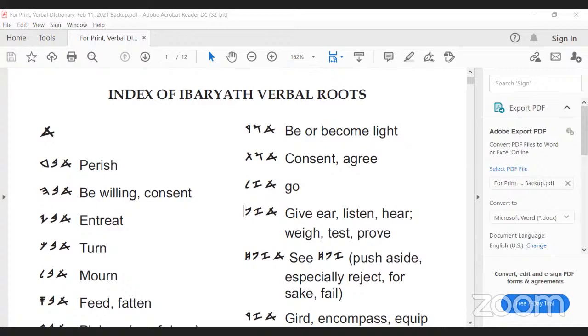So I hope I'm clarifying some of the terminology and mechanics, okay? So by the way, a root would be the equivalent of an etymon. So a root is the equivalent of an etymon, okay?